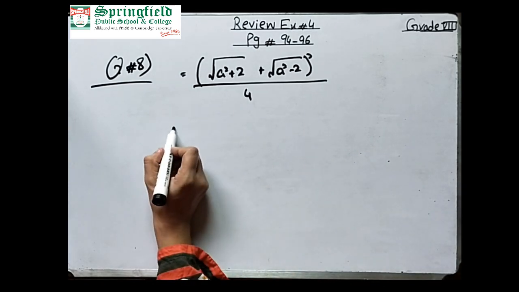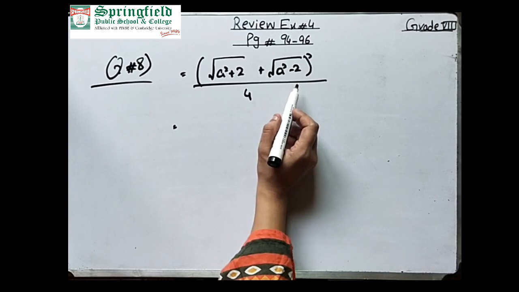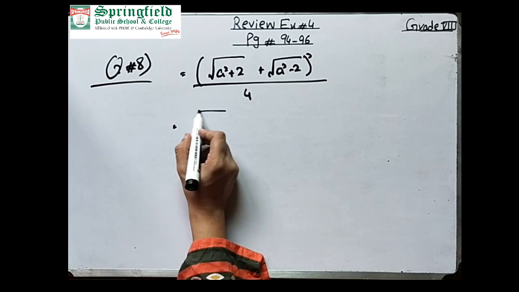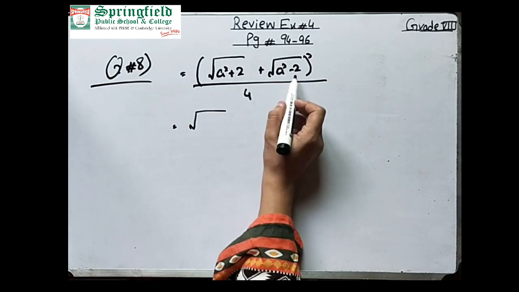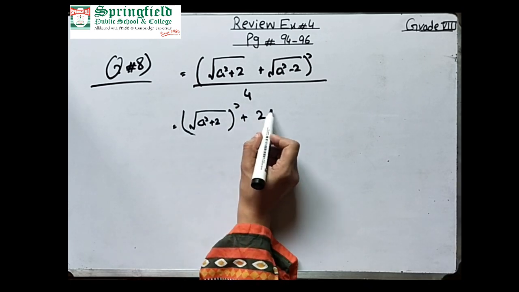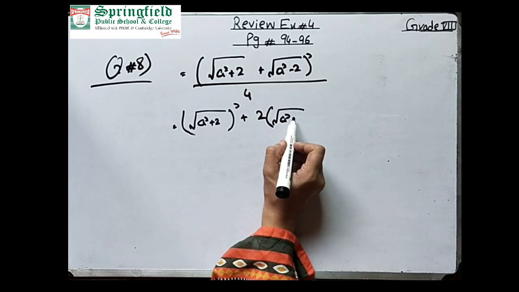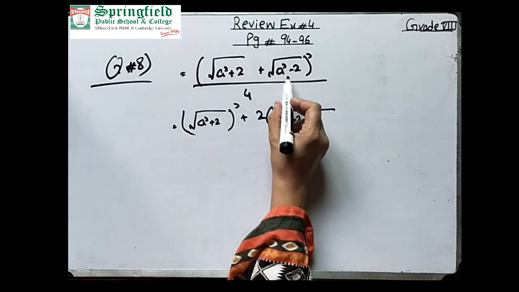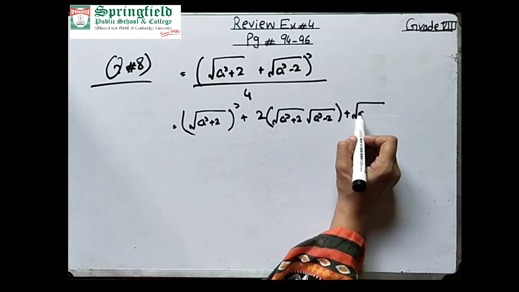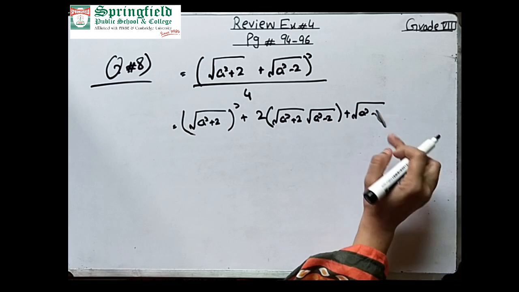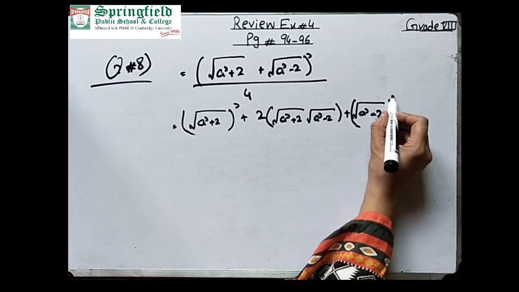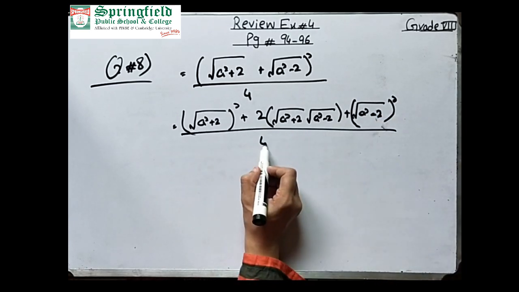Now open this first term, means numerator, (a plus b) whole square. We know that this is the value of a and this one is the value of b. A square plus 2ab, the value of b, and plus b square. Sorry, minus 2 whole square divided by 4.